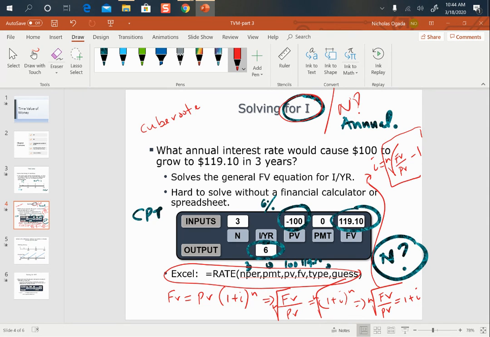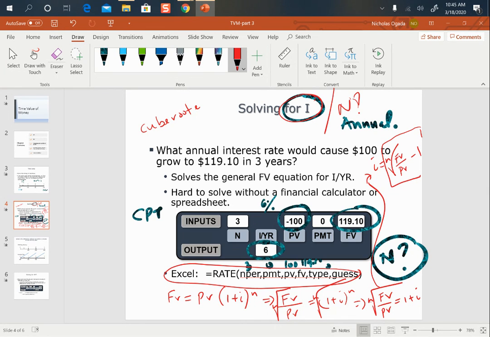If n was 2, then we're looking at finding the square root of the future value divided by the present value. If n was 4, then we are looking at determining the fourth root of the future value divided by the present value, and then you just take out 1 from that value. You end up with what I would be. Again, it's a tedious process, but it's doable by using the formula.